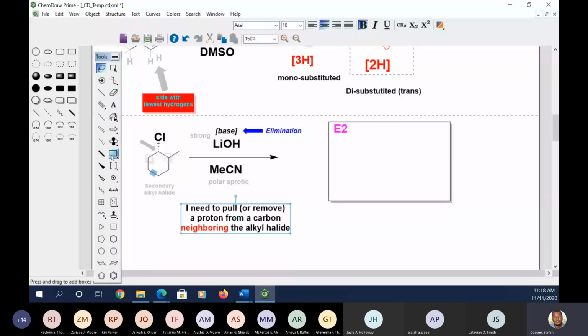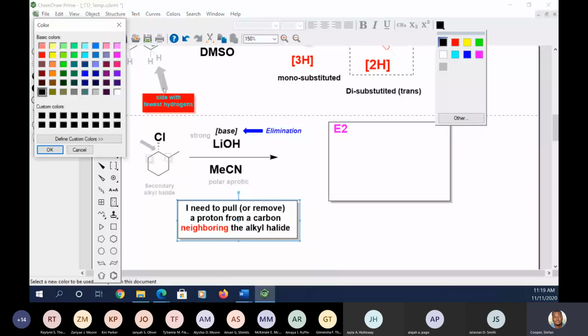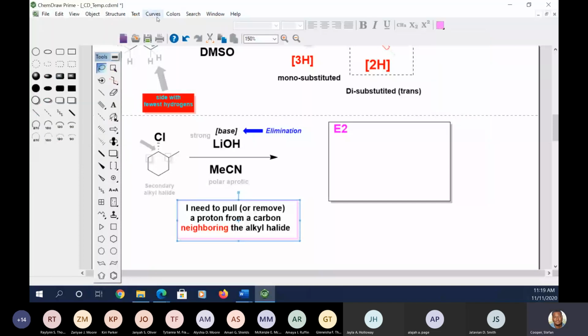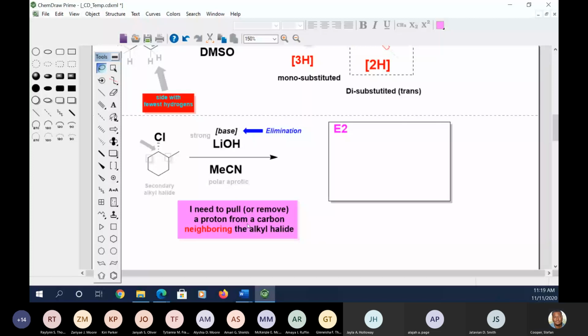All right, so let's put this here. I'm going to try to put a background here because I want to make sure everybody is somewhat comfortable with that. I need to pull or remove a proton from a carbon neighboring the alkyl halide.